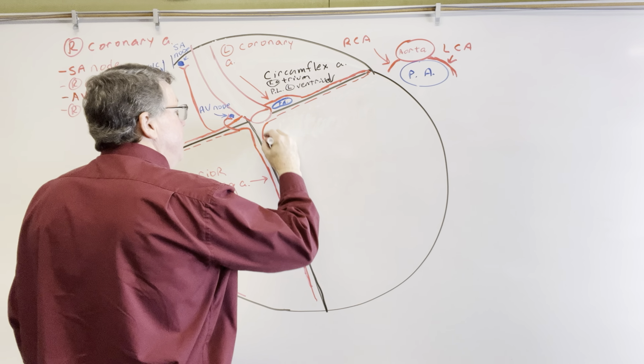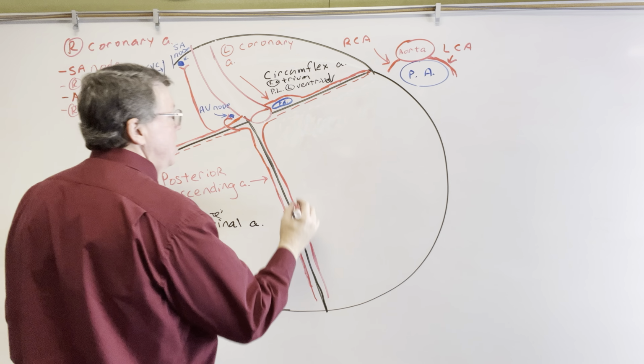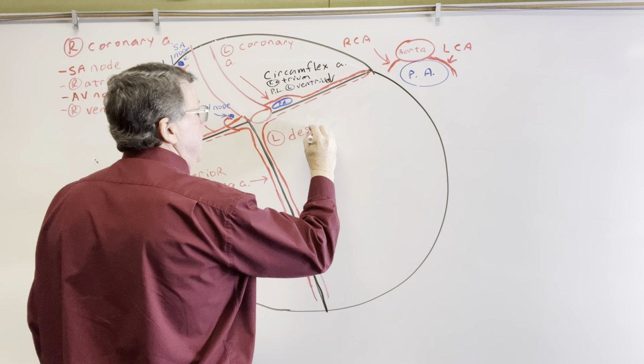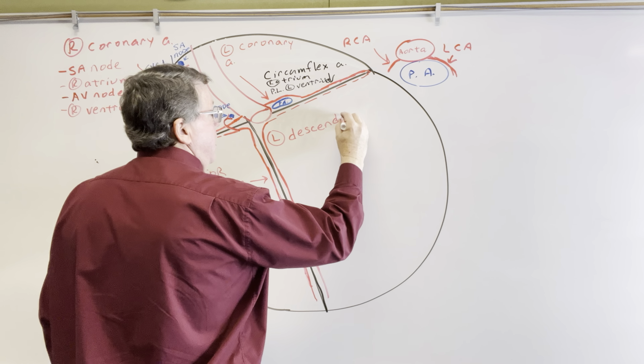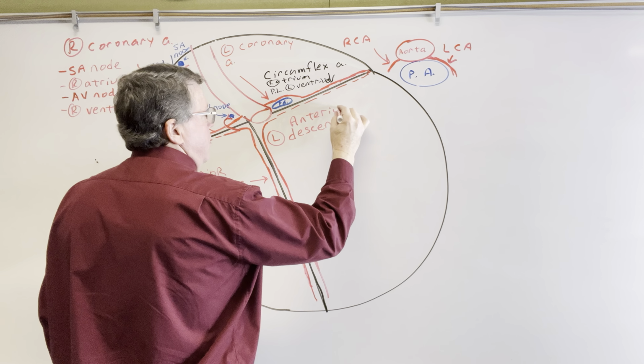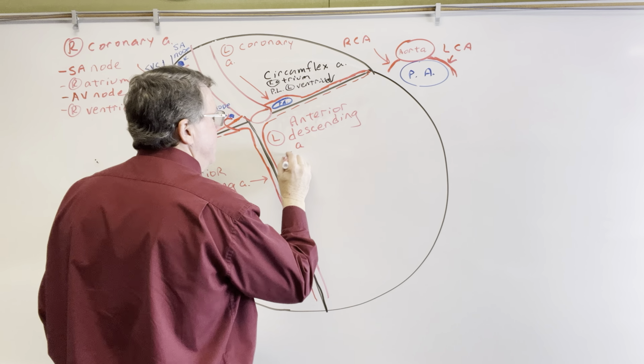Then what's going to happen is I am going to get another descending artery coming down this way. Okay, and this is going to be called my left anterior descending artery, this guy right here.